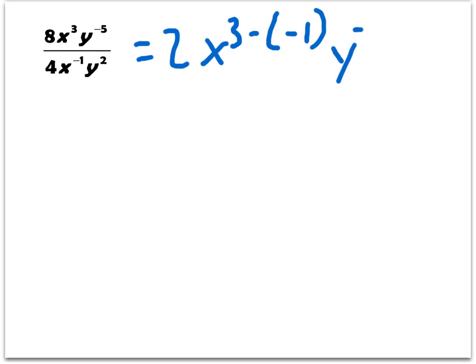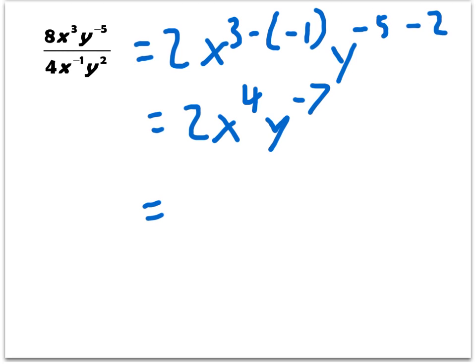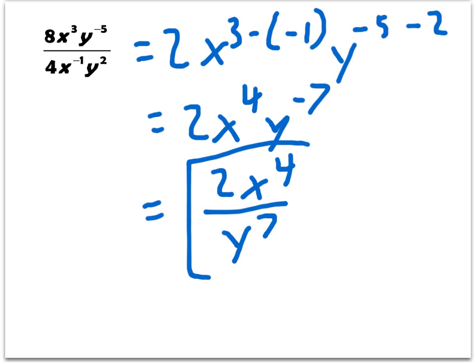And then y to the negative 5 minus 2. So we have 2x to the 4th power times y to the negative 7. And we can rewrite this without negative exponents like this, 2x to the 4th over y to the 7th. And there we go. There's our simplified algebraic expression.